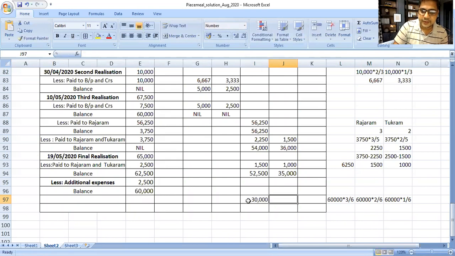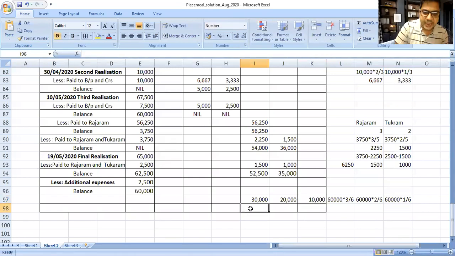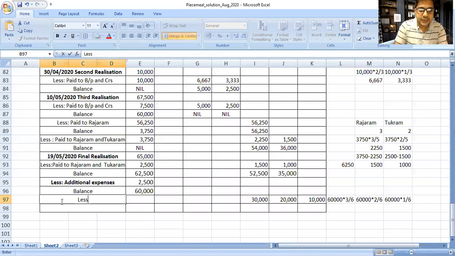Use your calculator and find out the values. 60,000 into 2 divided by 6, that is 20,000. And 60,000 into 1 divided by 6, it means 10,000. So see that whatever balance cash was available, we paid to all partners as per their profit sharing ratio.